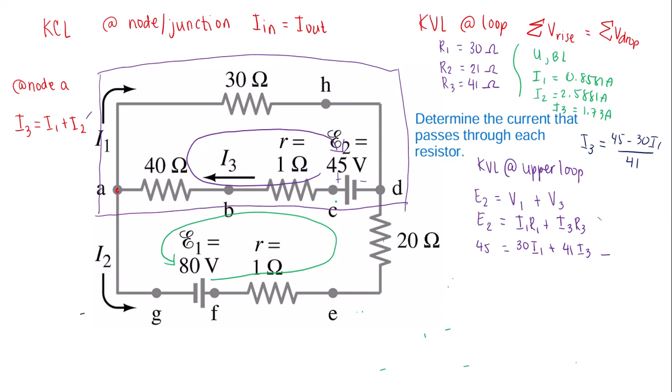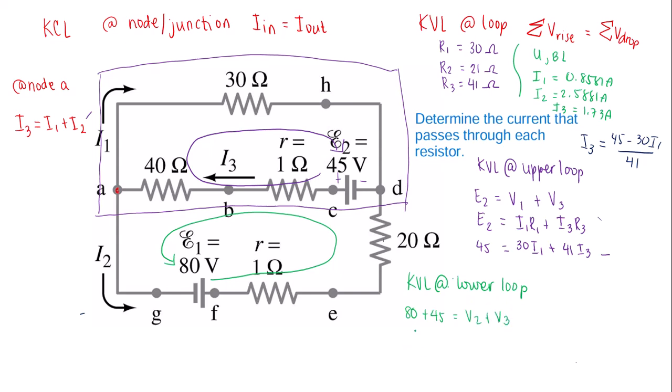So we have here, we have to consider summation of our battery sources. So KVL at lower loop, that will be 80 plus 45 volts equals, we have resistor 2 and resistor 3.